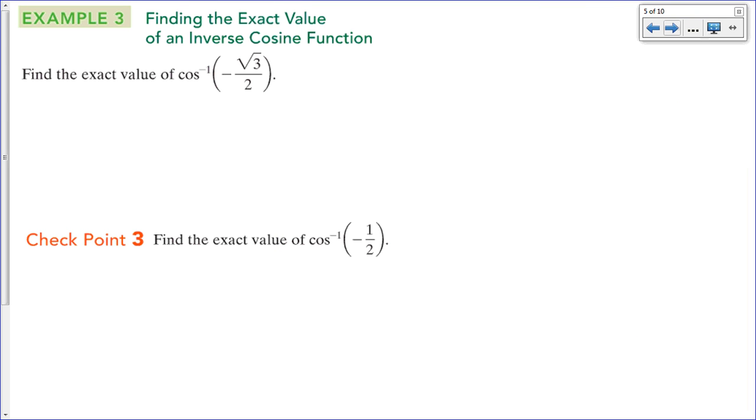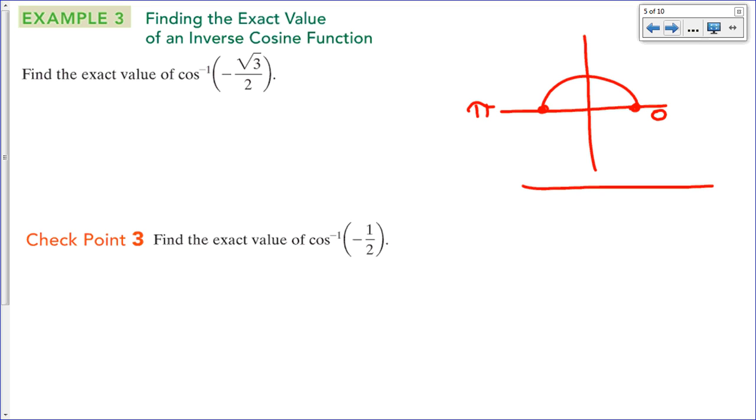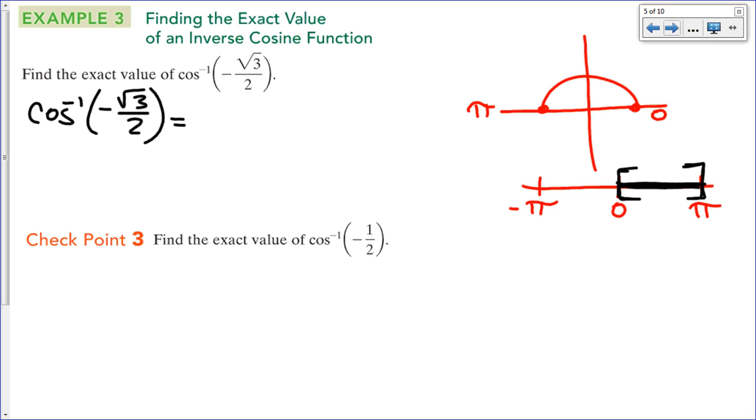All right, now let's answer those questions. Remember that little picture, we're taking from 0 to pi. So our answer can only be given in this little interval from 0 to pi, and of course, everything in between. All right, so we have here the cosine inverse of negative square root of 3 over 2. First of all, where is the cosine negative, in quadrant 1 or 2? 2.